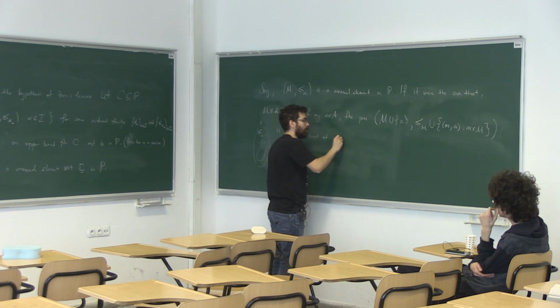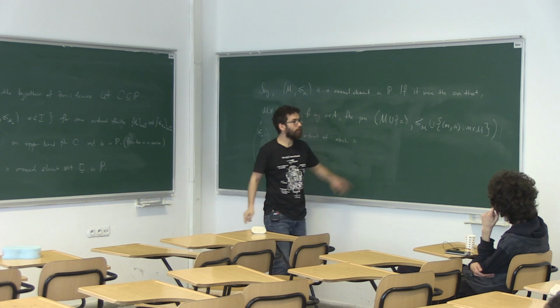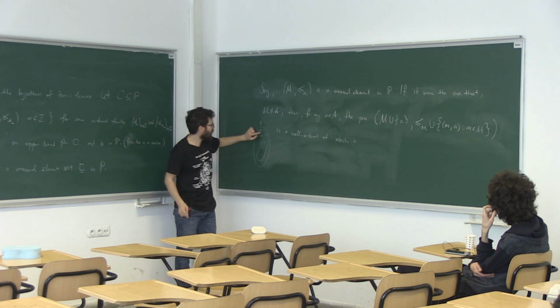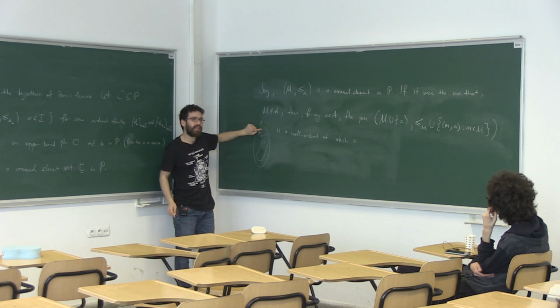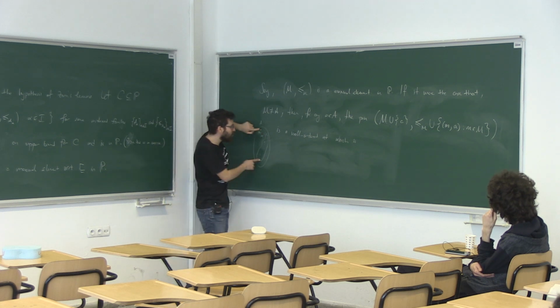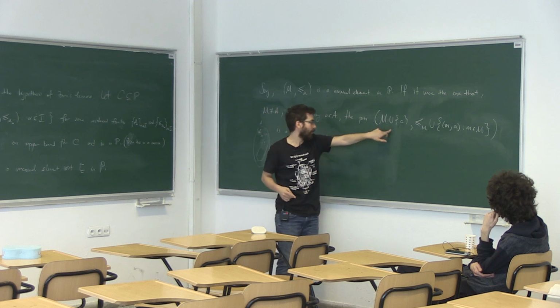Now if you look at this well-ordered set, this is obtained by adding one more element to the top of M. So M is an initial segment of this new well-ordered set.